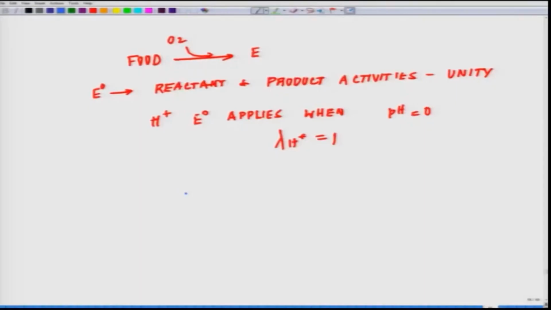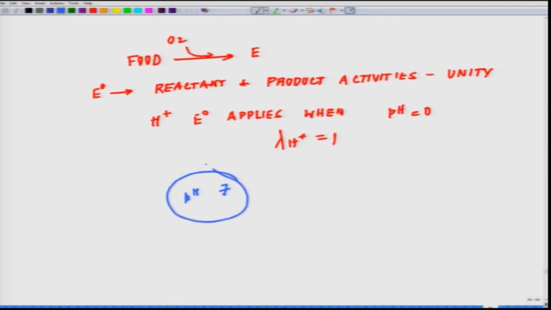Having said this, let us realize another fact: biological systems do not work at pH 0, except probably in your stomach or in the gut, where you are digesting food, which is extremely acidic, but the whole biology works at pH 7.